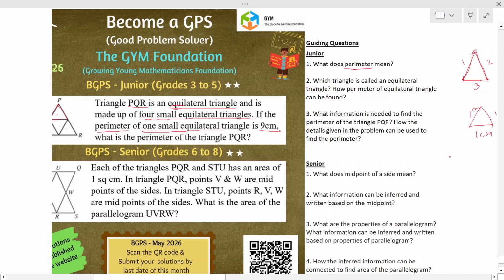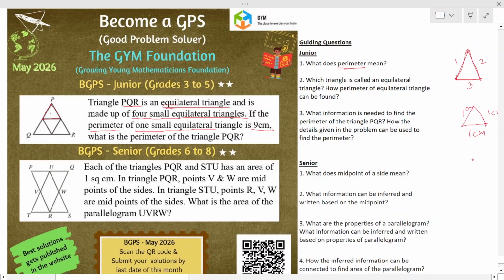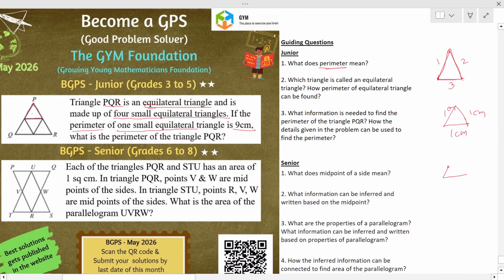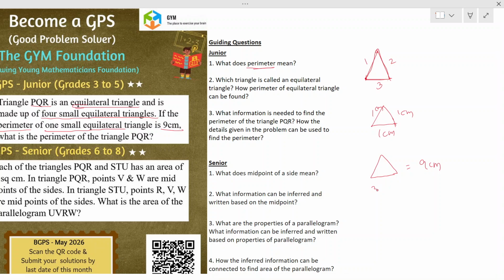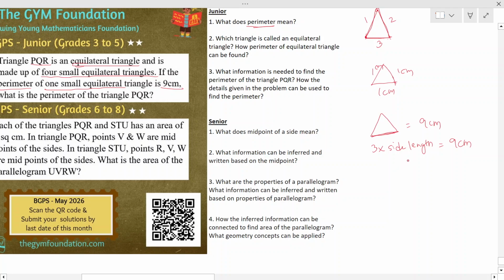So what does it mean? The sum of the three sides is 9 centimeters, which means 3 times the side length is 9 centimeters, and you can apply the multiplication fact now.